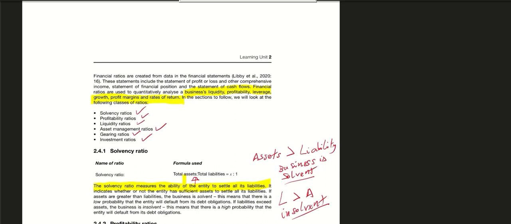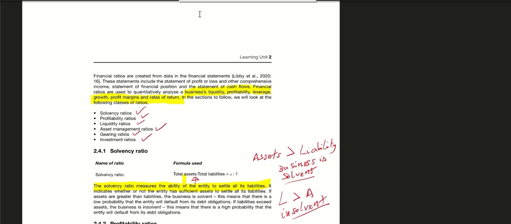We will focus more on the gearing ratio, investment ratio, liquidity and profitability. But remember, it's not only the investors, there are also creditors that will be quite interested in the financial ratios of a company, right?